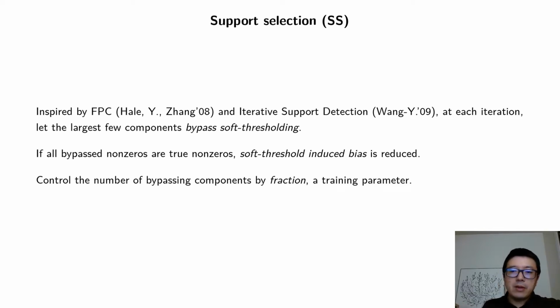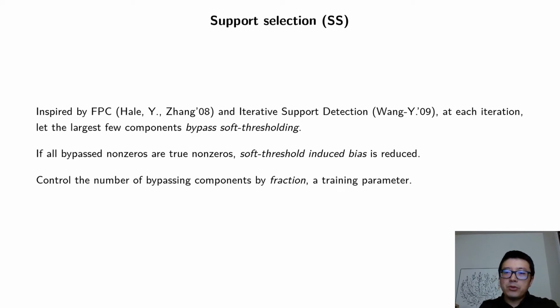The reasoning behind this is that when the bypassed non-zeros are true non-zeros in the signal, then you will avoid the bias induced by soft thresholding on those components. Therefore, if you bypass the correct or mostly correct set of non-zeros, you reduce bias, which helps you converge faster and also helps you get a better signal.